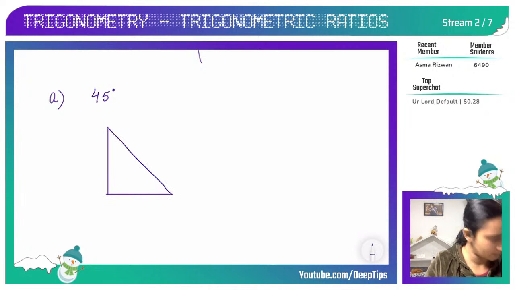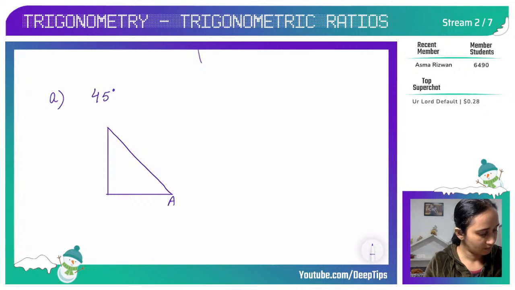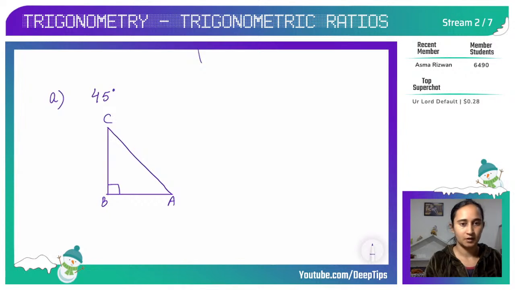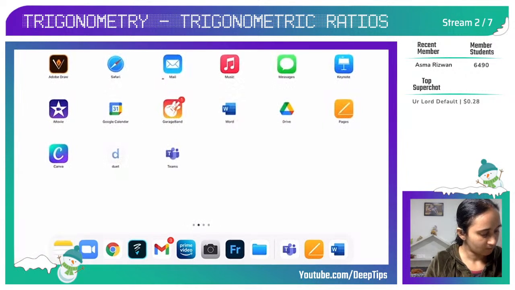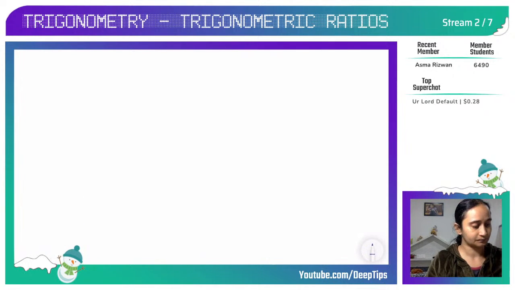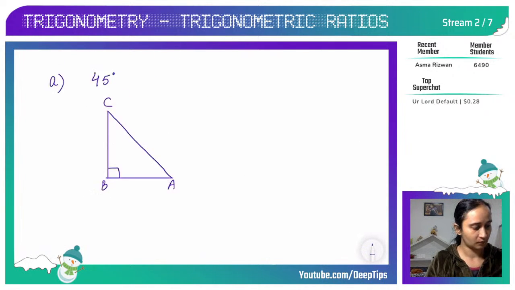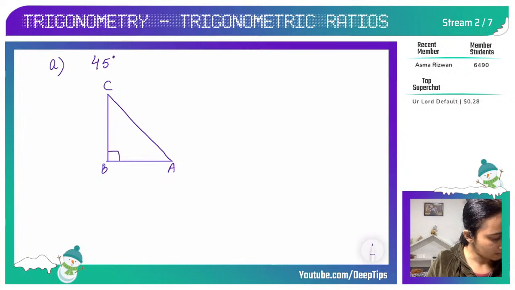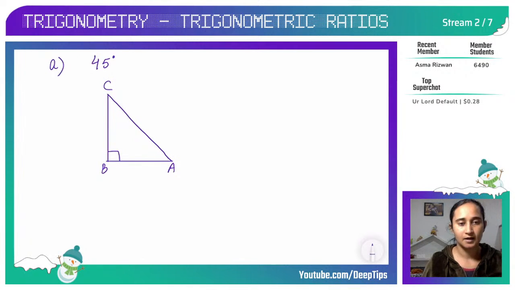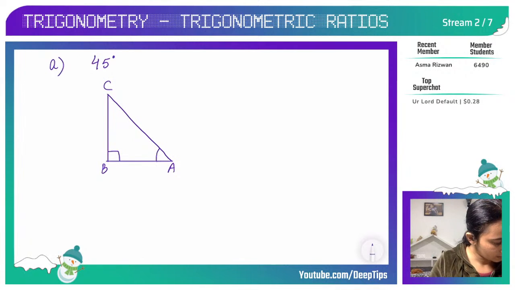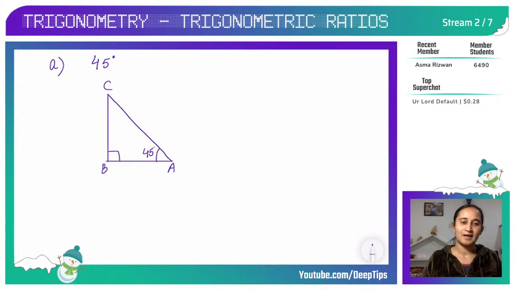So this is my right angle triangle ABC, which is right angled at B. Okay, so this is my 90 degree which is at angle B, and angle A is 45 degree, then it is understood that angle C will also be 45 degree.